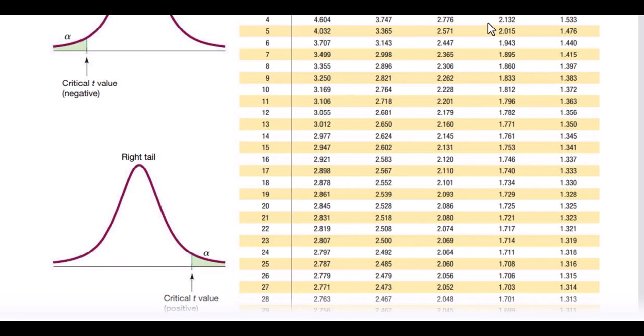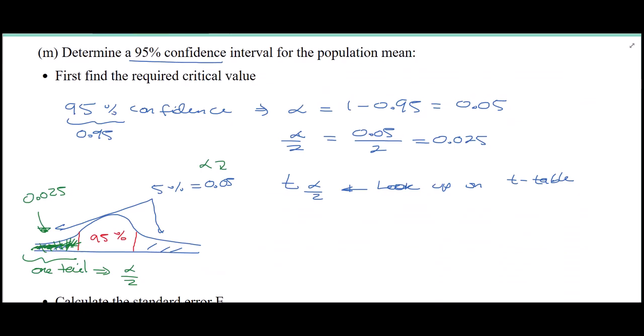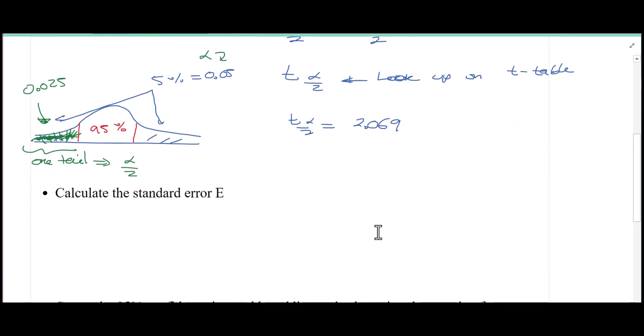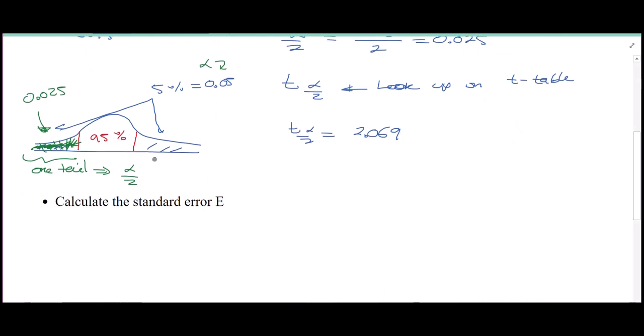So let's go back to our notes. We just found that t alpha over 2, our critical value, is 2.069. Now we can do our calculation and calculate the margin of error.